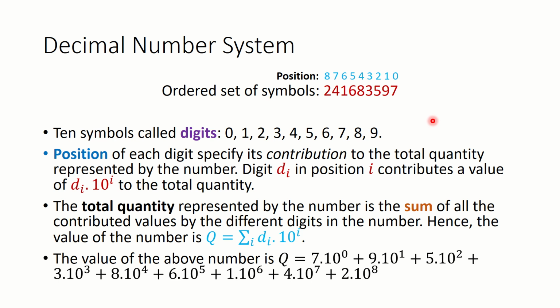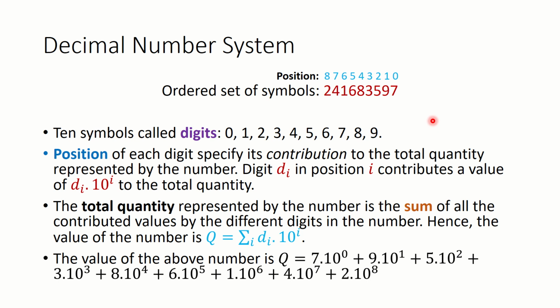So, you see, the set of symbols matters, and the position in which you place these symbols also matters. All these act together to form the number in order to represent a particular quantity or value.